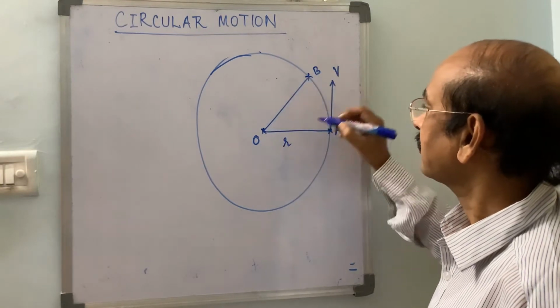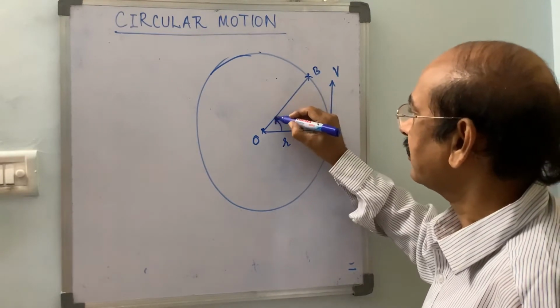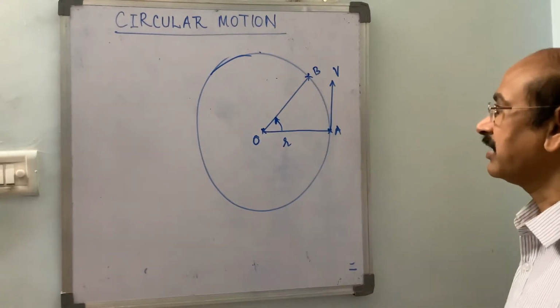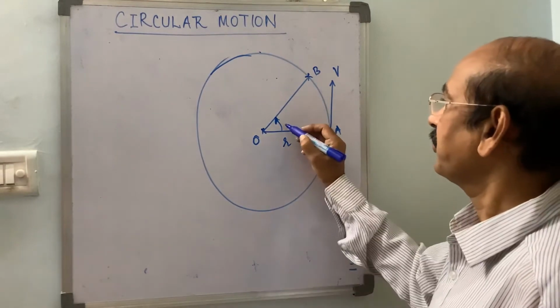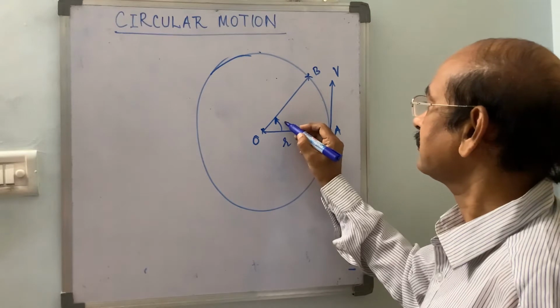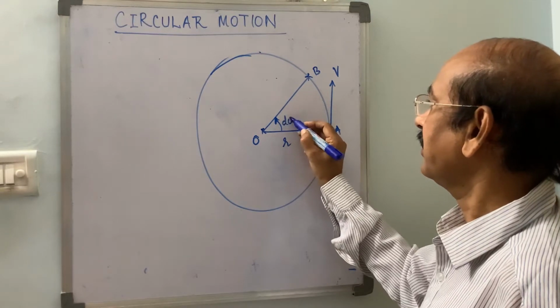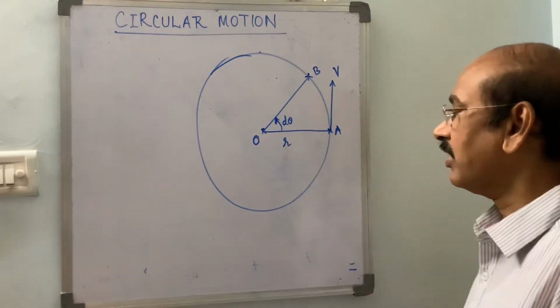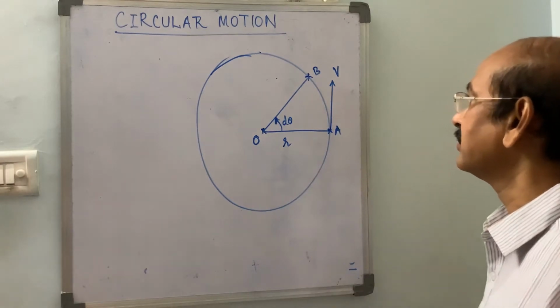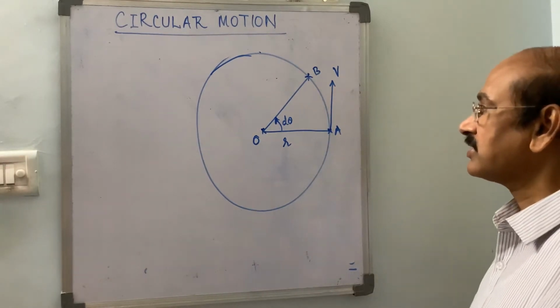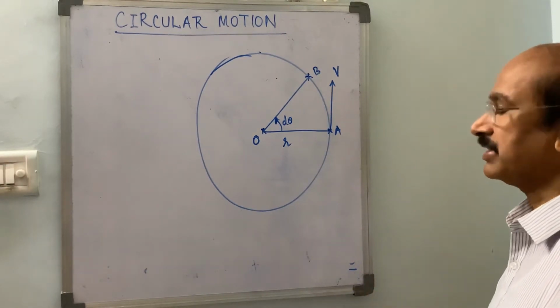Then let the angle covered by the radius vector be d theta when it is very small, or theta when it is big. So this is also known as angular displacement.